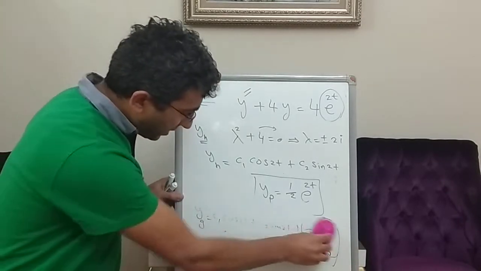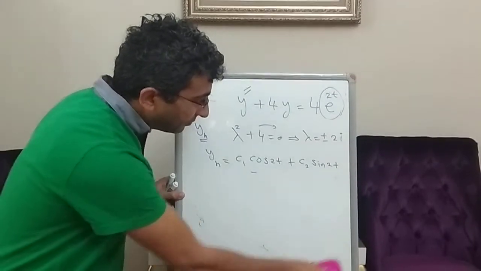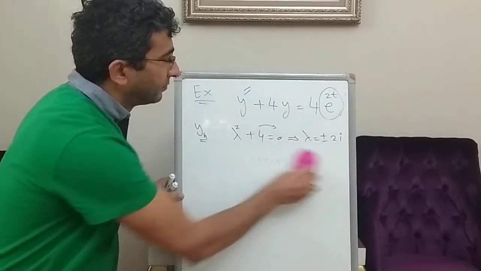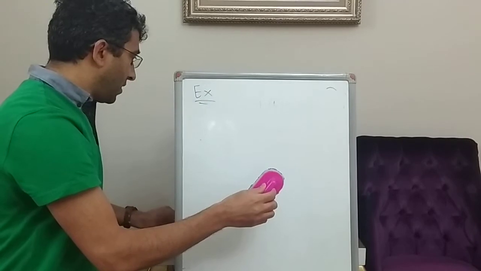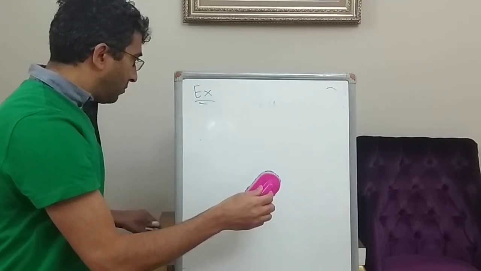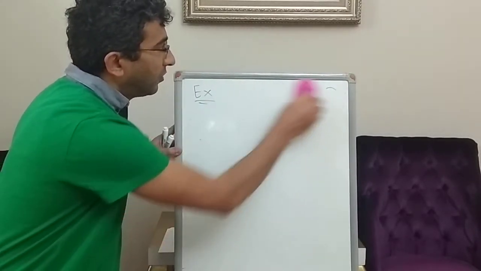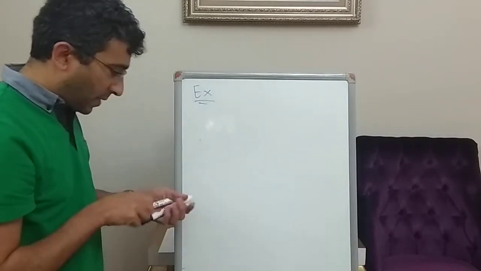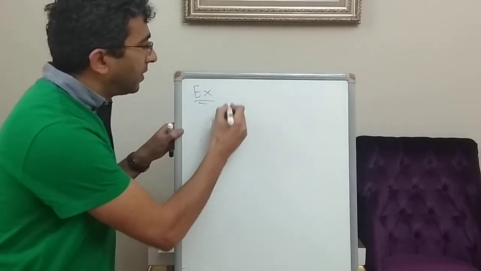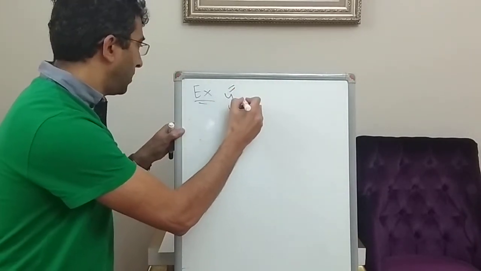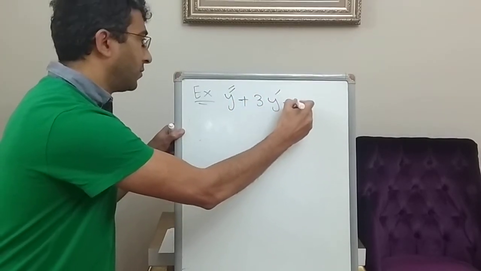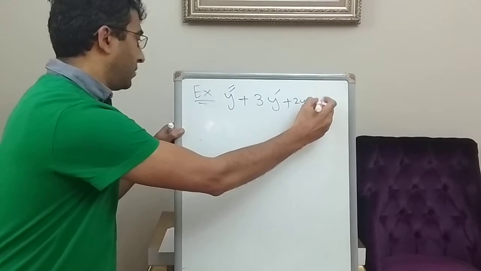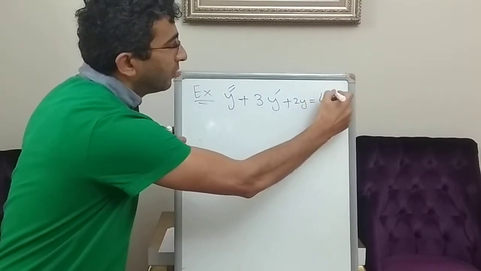Let us take another example from one of the books. It was y double prime plus 3y prime plus 2y is equal to 4 e to the minus 2t.